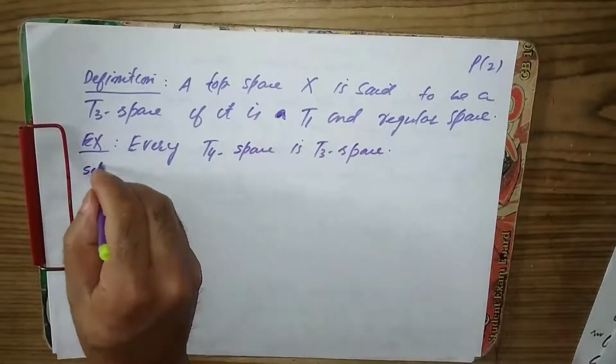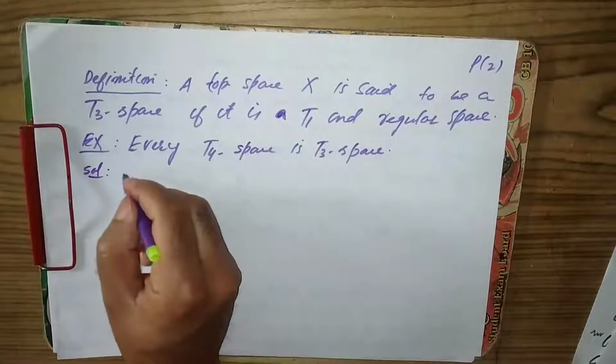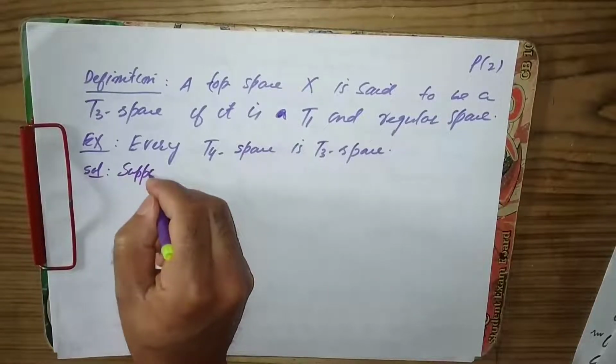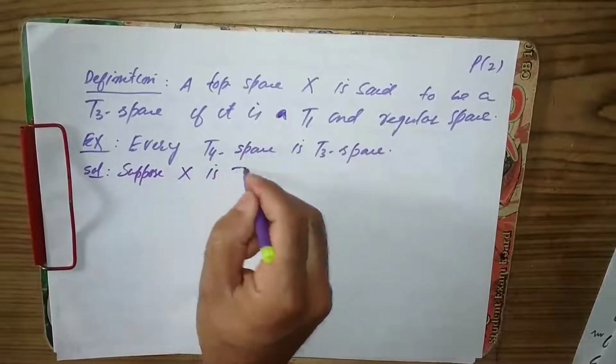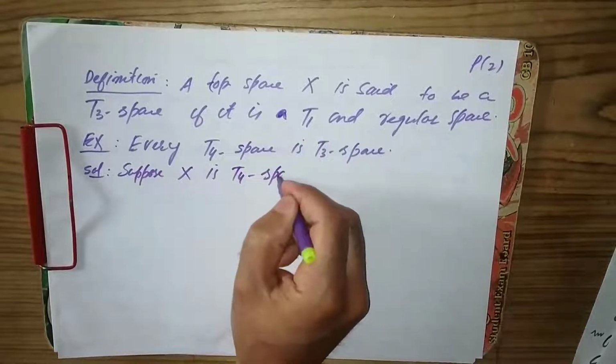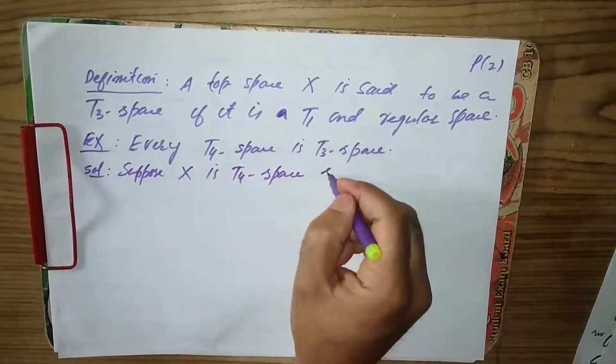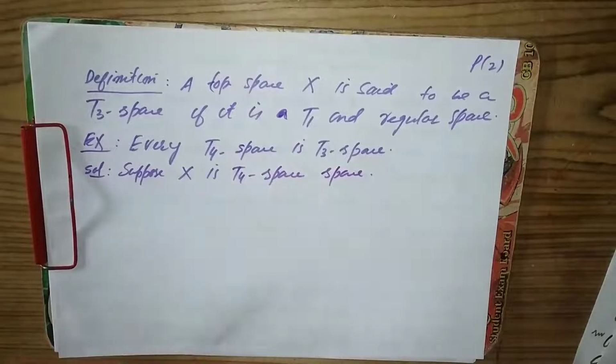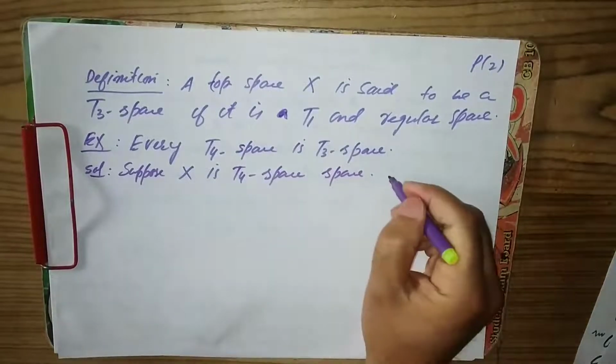So let's suppose X is a T4 space. We need to show that X is a T3 space. That means X is a T1 space and a regular space.